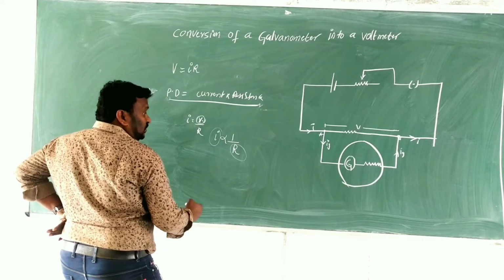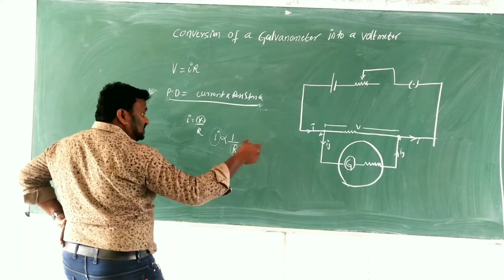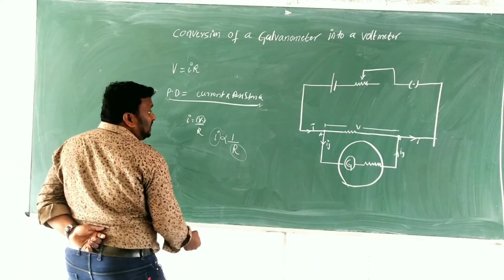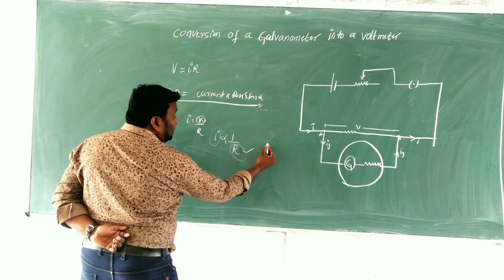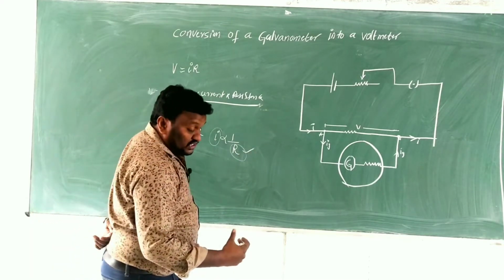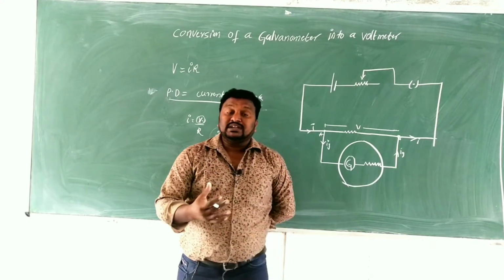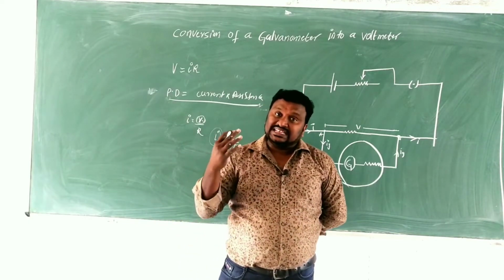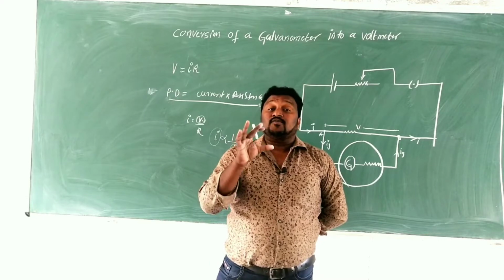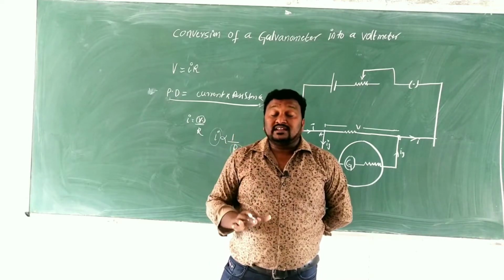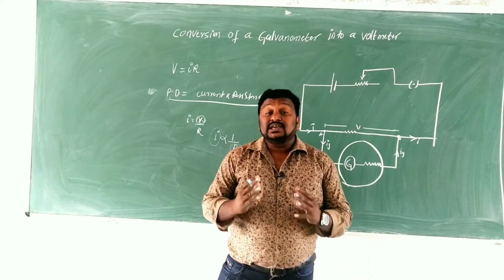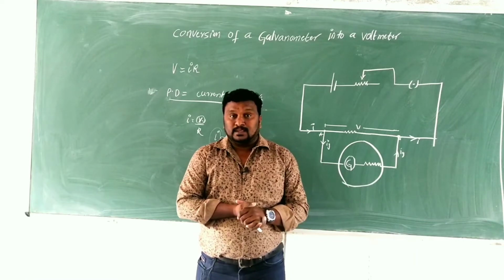That's why the voltmeter must take a small amount of current, so we have to take R very high. That's why the voltmeter should take very little current. Actually, for an ideal voltmeter, the resistance is infinity.